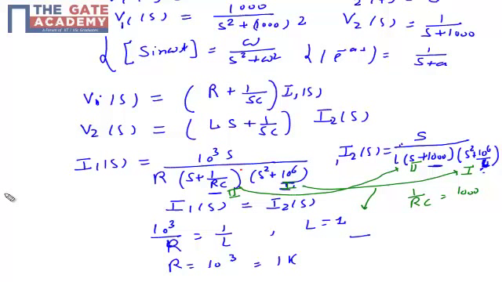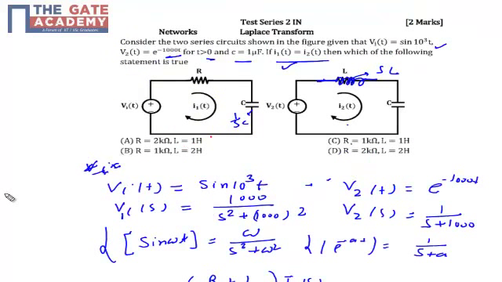We can use this also, but here I am using the outer term, 10 raised to the power 3 upon R is equal to 1 by L. So by comparing these two terms, we get this relation: 10 raised to the power 3 by R is 1 by L. L is 1, so R is 10 raised to the power 3. So my correct option is L is 1 and R is 1k. Option C is the correct option for this question.